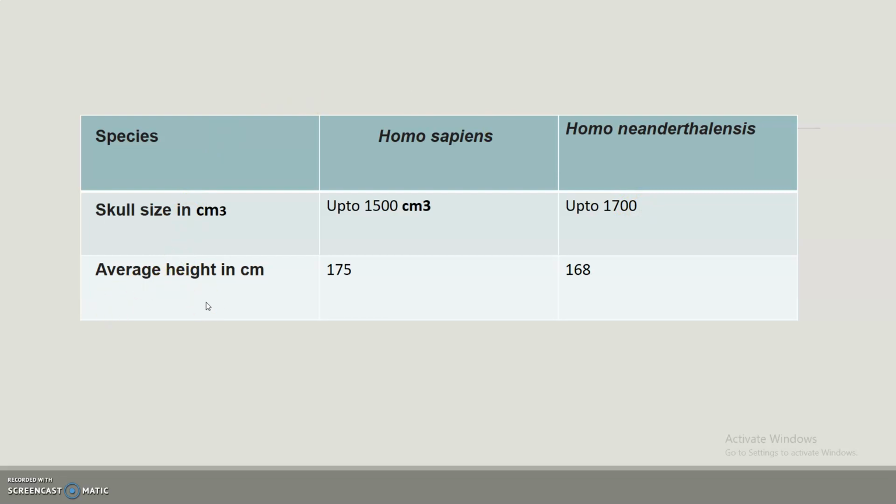Homo sapiens are basically taller. The average height is 175 centimeters in the case of Homo sapiens. But in the case of Homo neanderthalensis, the average height is about 168 centimeters. So they were shorter than Homo sapiens.